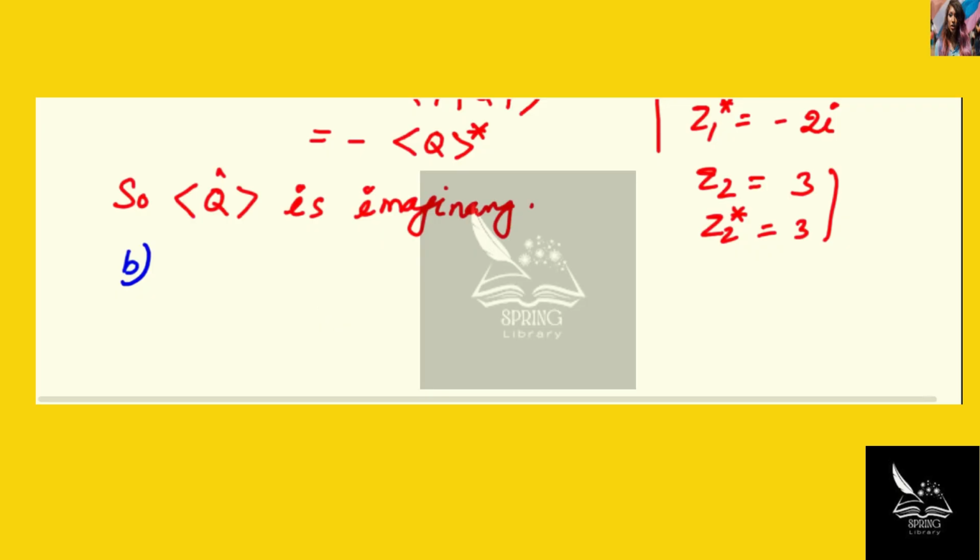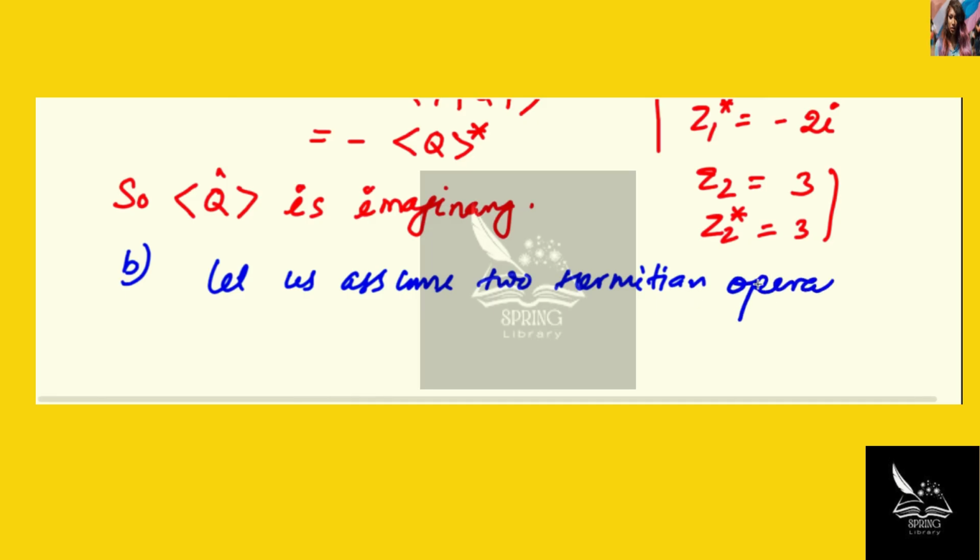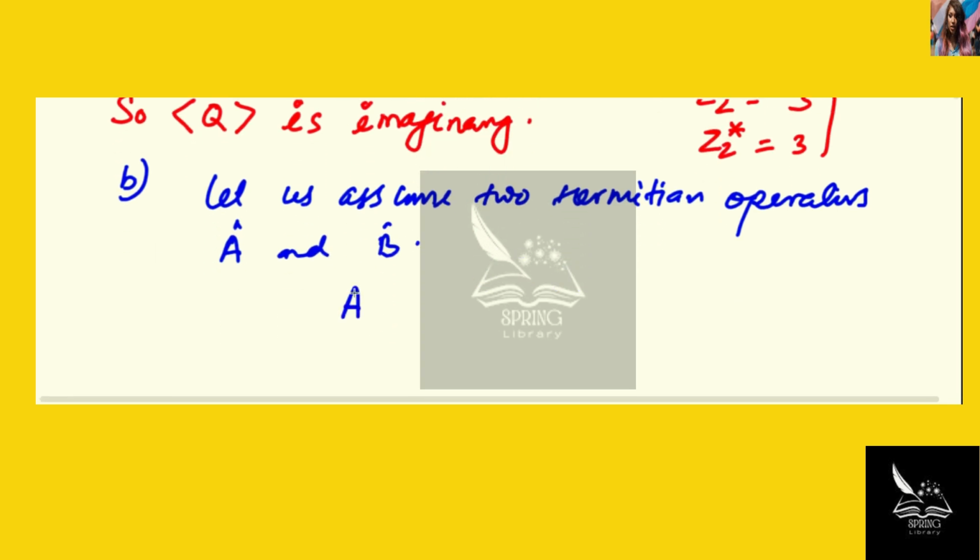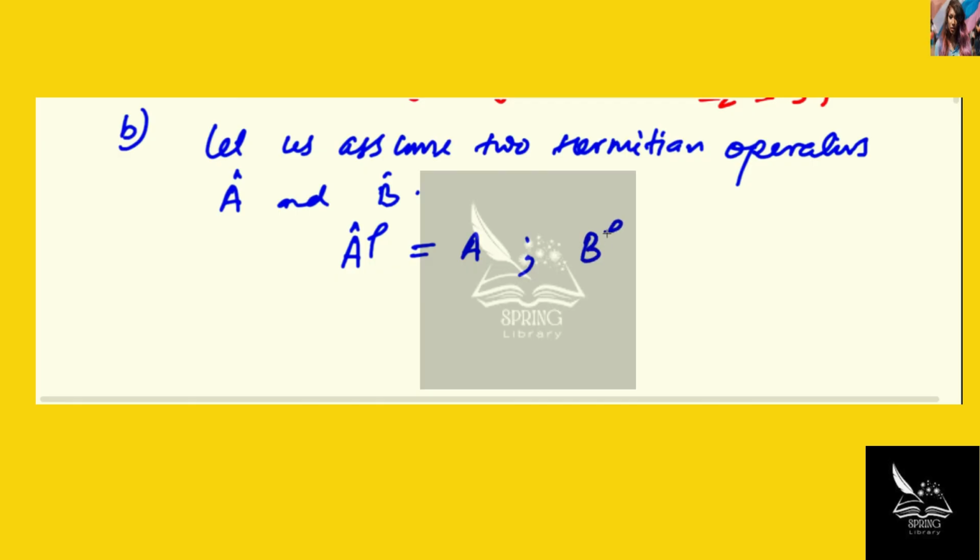Let us assume two Hermitian operators A and B. If they are Hermitian, then A dagger is equal to A, and B dagger is equal to B.